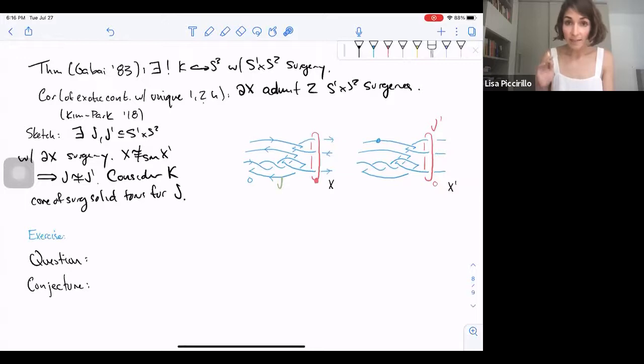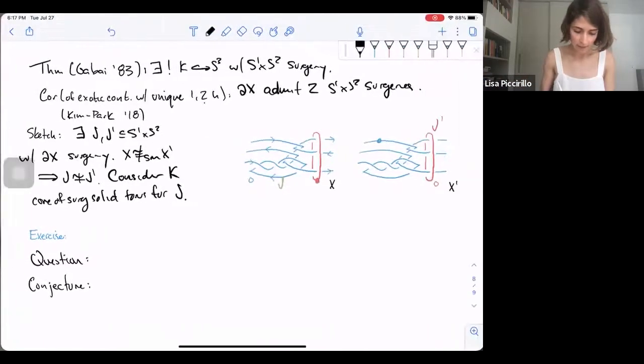To get to boundary of X, we cut out a neighborhood of J and glue it back in a funny way. I can pin down a knot in boundary of X by saying, that surgery solid torus has a core, and when I glue it in a weird way, that core is still a knot in my surgery manifold. That's the K I'm interested in.